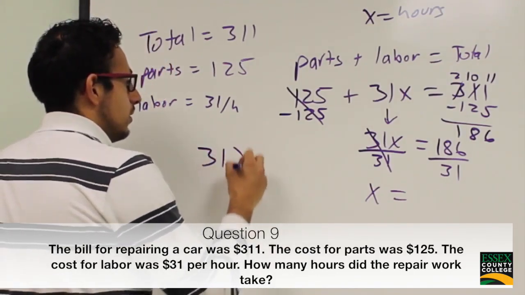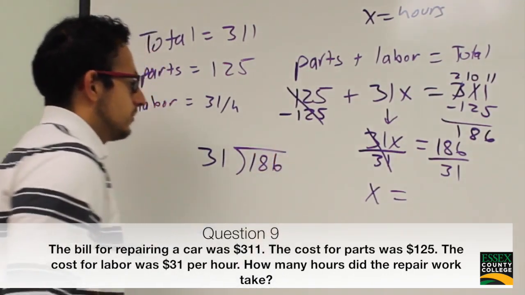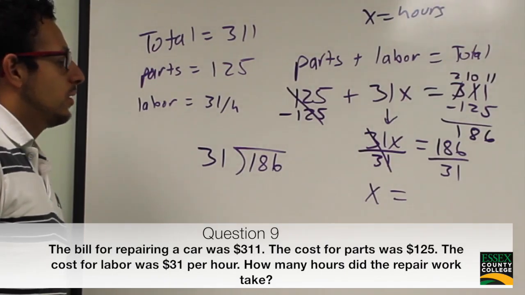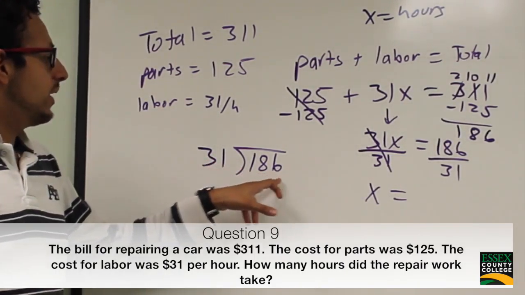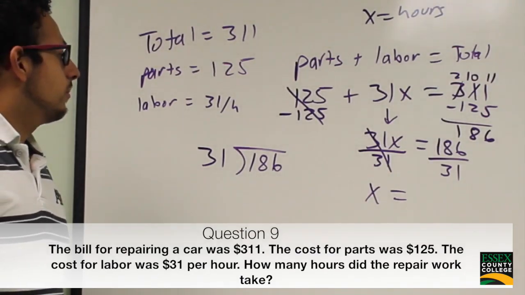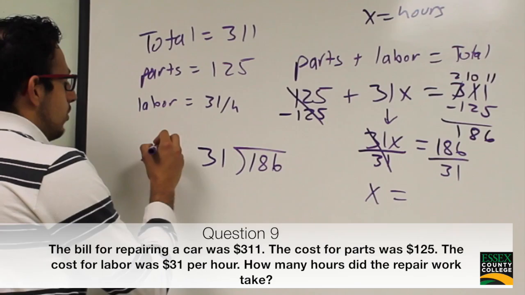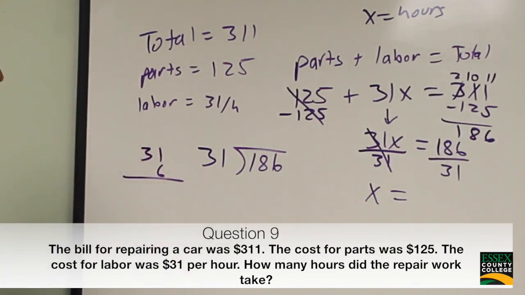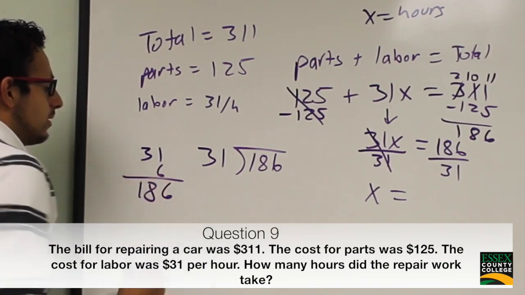So 31 into 186. We have to figure out how many times 31 goes into 186. By trial and error, we can try 6. 31 times 6. So 1 times 6 is 6. 3 times 6 is 18.